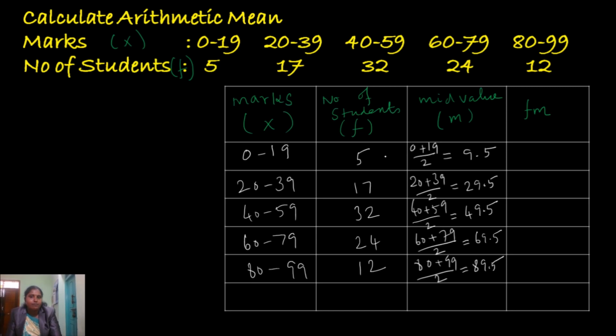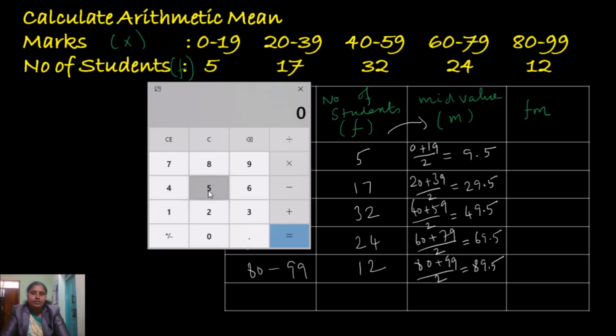Now let's multiply the frequencies with the corresponding mid values. When we multiply 5 with 9.5, we have 47.5.